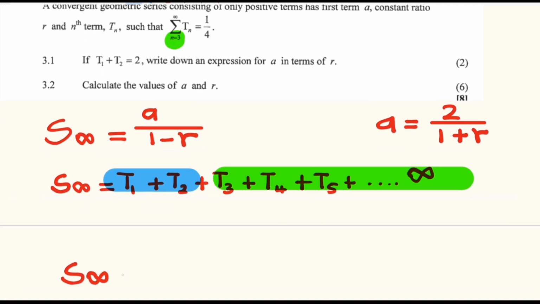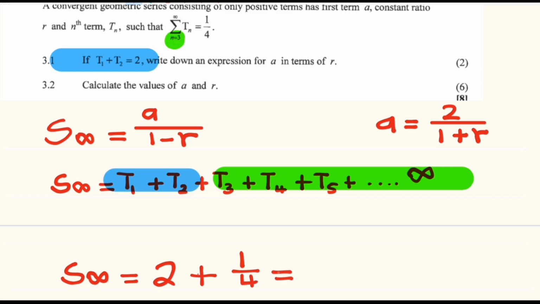So sum to infinity will be equal to term 1 plus term 2, which is equal to 2, and the sum from n equals 3 up until infinity was given as 1 divided by 4, and 2 plus 1 over 4 is equal to 9 divided by 4.